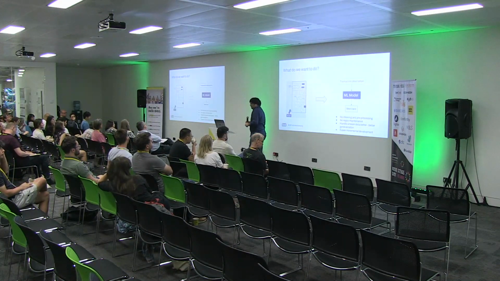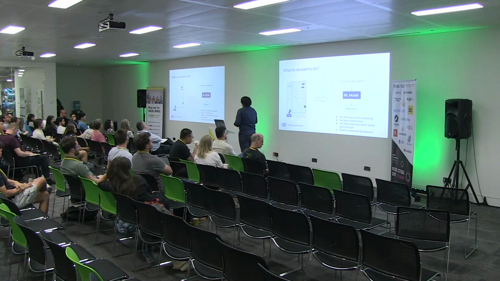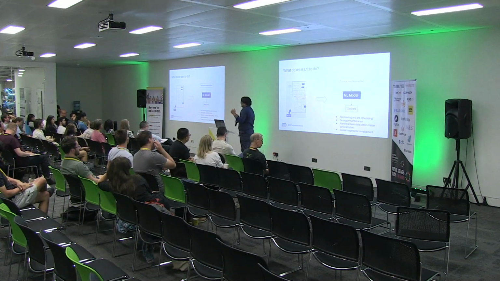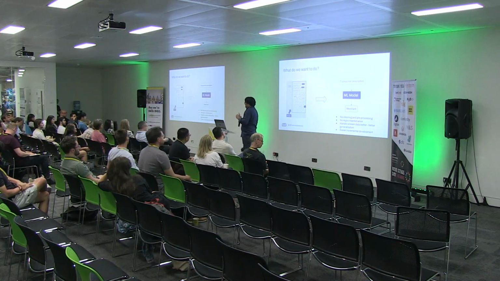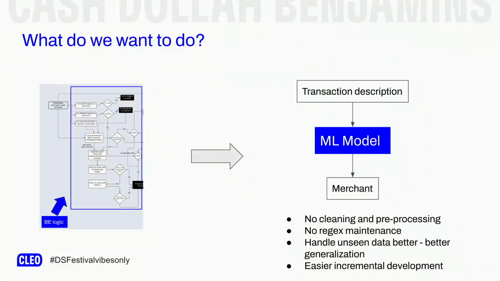So what do we want to do then? What we wanted is to take all this backend logic that we have in terms of cleaning, regexes, and pattern matching, and take a transaction description, feed it into a machine learning model that can provide us with a merchant. In this way, there won't be any pre-processing or cleaning required.